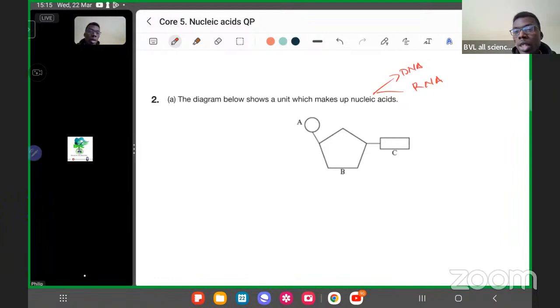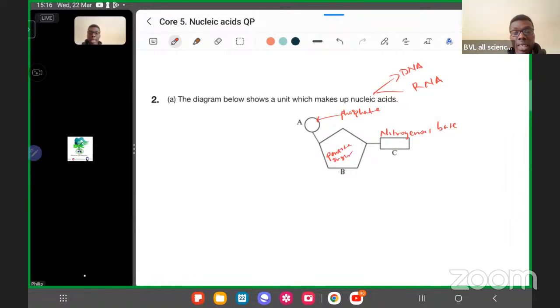We are supposed to identify each of these, and this particular one is phosphate. This is a nitrogenous base. And this one is a pentose sugar.